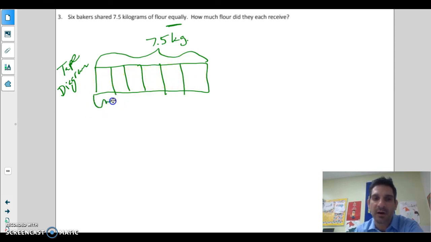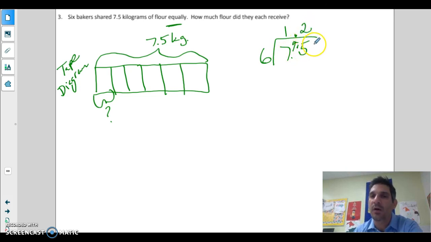So I've got to figure out what 1 is. How am I going to do that? I'm going to do 7.5 divided by 6. Decimal point goes straight up. 6 goes into 7 one time. Oh wait, I wasn't going to do that. Okay, 6 goes into 7 one time with 1 left over. So there's 15. 6 goes into 15 how many times? 2 times.